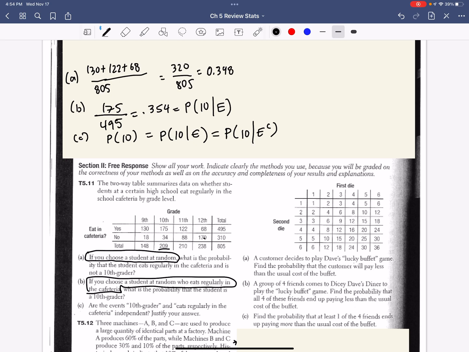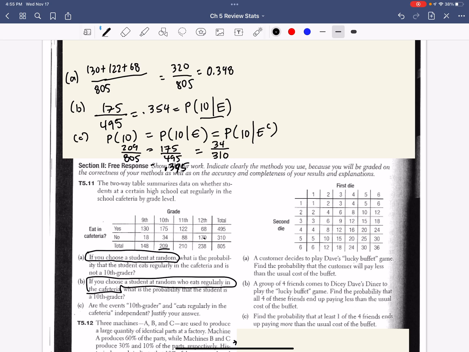It looks like that's 209 out of 805. What's the probability you're a 10th grader given that you eat in the cafeteria? We already figured that out. Then what's the probability you're a 10th grader given you do not eat in the cafeteria? There are 310 people that do not eat in the cafeteria, and of those, 34 were 10th graders.